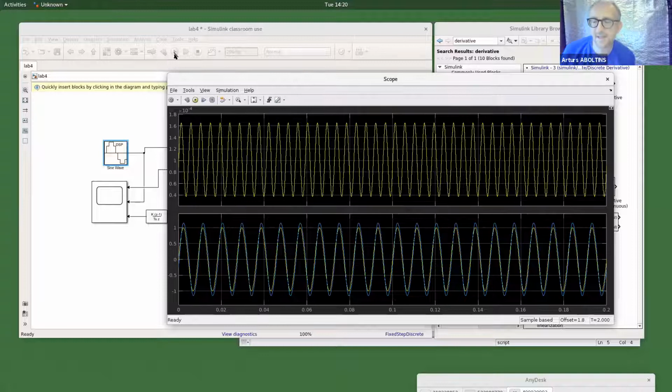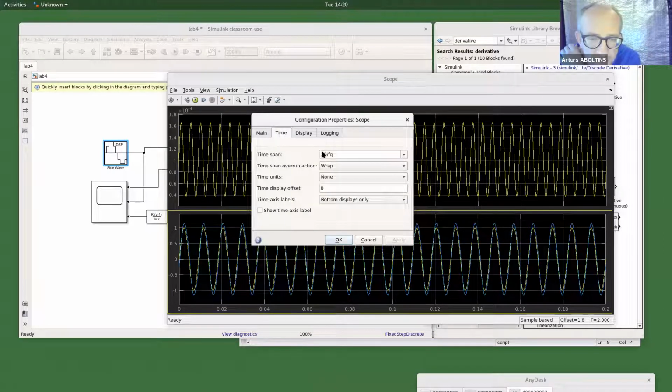Yeah, it takes time, but you see it finally goes. And maybe if you now adjust this and say that it is 200, maybe we will see some funny pictures here.